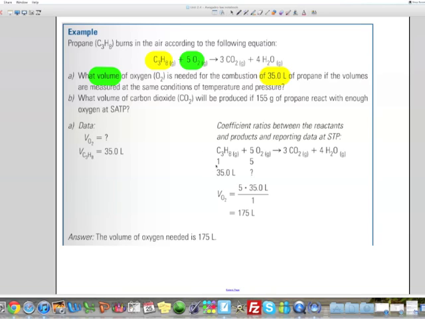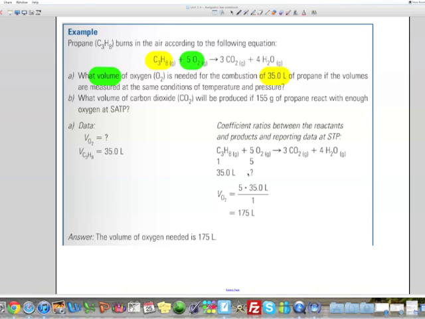So you have it here, 1 mole of propane, 5 moles of oxygen. If I work with 35 liters of propane, what volume of oxygen do I need? So you have basically V over N is equal to V over N. Yes, it looks like it's the reverse, N over V, but in the end, with an equation like that, it doesn't really matter. You could very well put N1 over V1 is equal to N2 over V2.